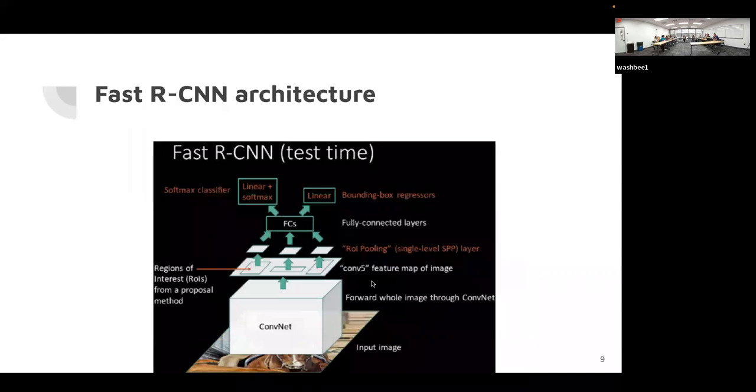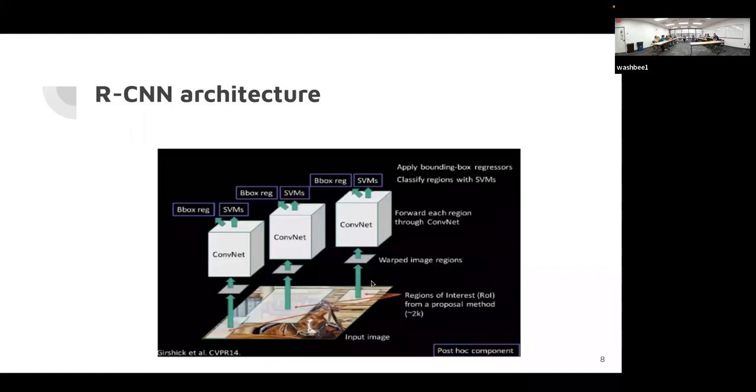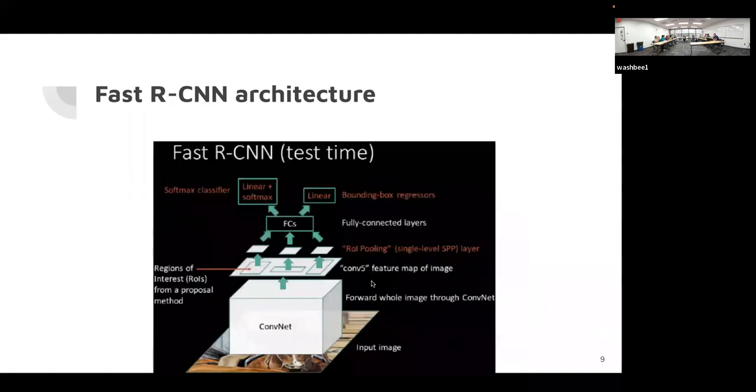Because it has its own issues and problems, they developed another architecture, which is Fast RCNN. In Fast RCNN, the different CNN models created for each region in the RCNN architecture were removed, and the Fast RCNN architecture was developed using a single CNN for regions.